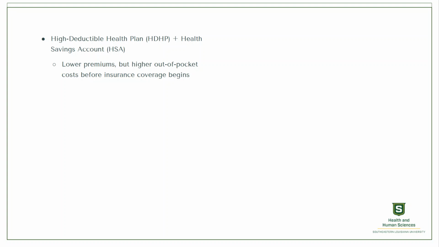Sometimes for an individual it might be $800, or $1,000. It all depends on the type of high deductible plan that you choose. The higher the deductible, the lower your premiums, and the higher the out-of-pocket cost before insurance kicks in.